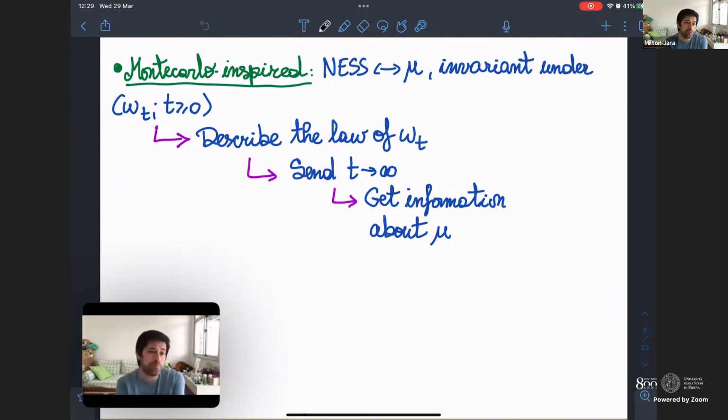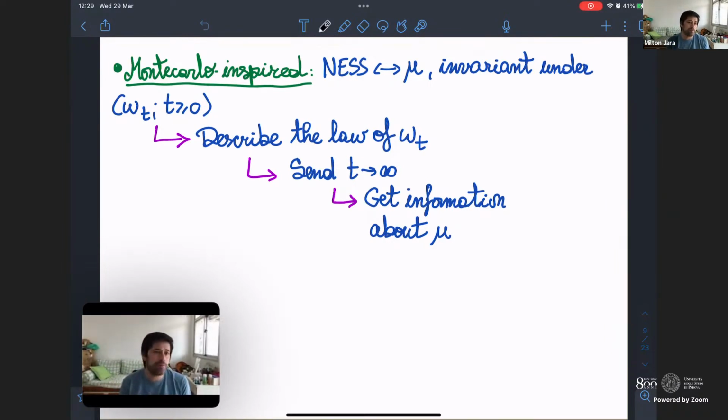From a simulation point of view, you don't need to describe it mathematically. You don't want to really prove theorems, you just simulate and see what happens when you take longer simulation times. But if you are into the mathematical way of thinking, then you have to prove something about it.